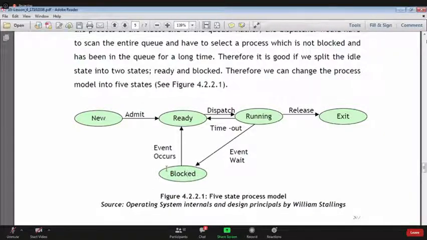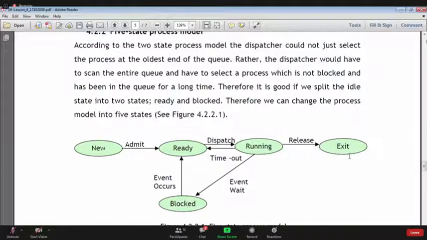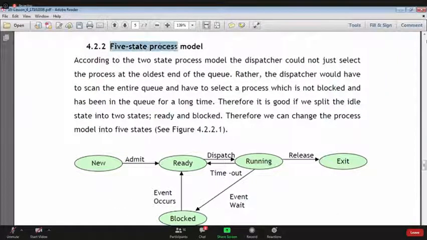Therefore, we have a different state called blocked state. Once the event occurs, if the CPU is not available to run, we put it into the ready queue. If a process finishes, we release it and exit. New coming processes, we keep in a queue and add to the ready state. So this is known as the 5-state process model.